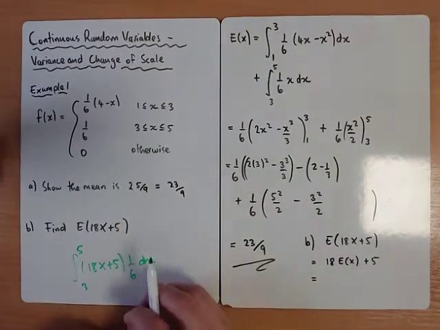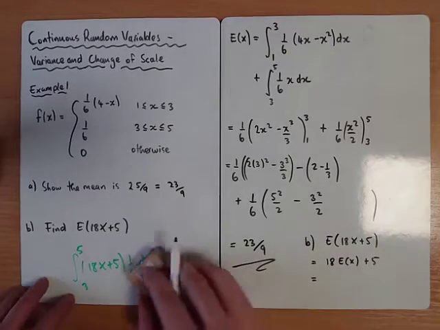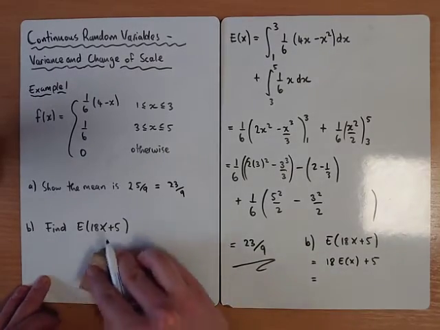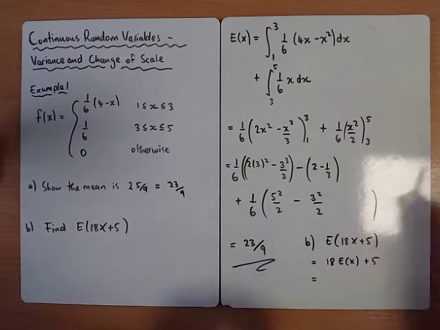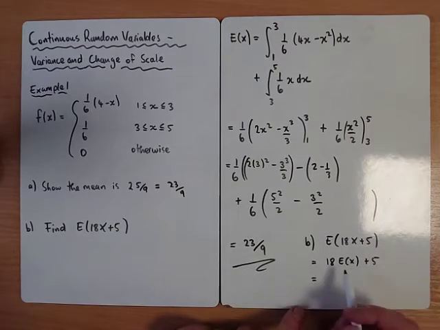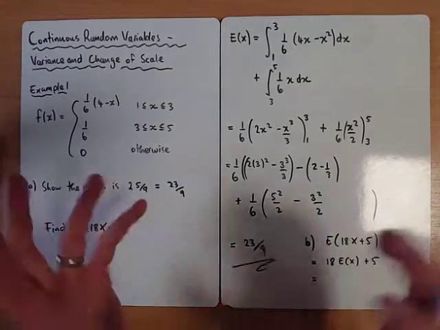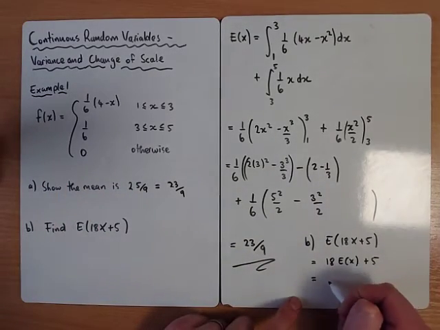But that'd take you so much longer. Look how long that one took us. We definitely don't want to do that. You could do it that way, but it's much better if we realise that add 5 on, multiply by 18, and then we can just do.